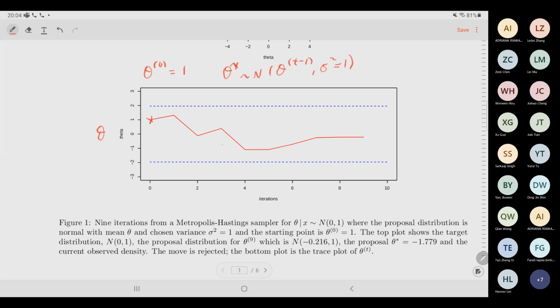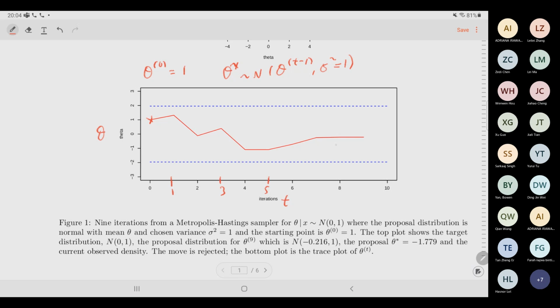These are the actual movements of your theta. Looking at the iteration, it will be 0, initial value is 1, then you have t1, t2, t3, t4, t5, and so on. And you can see the movement of your theta as it accepts or rejects the proposal.